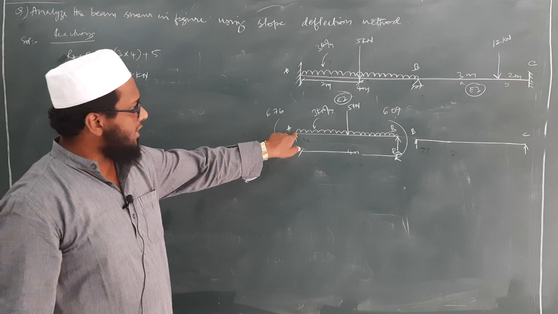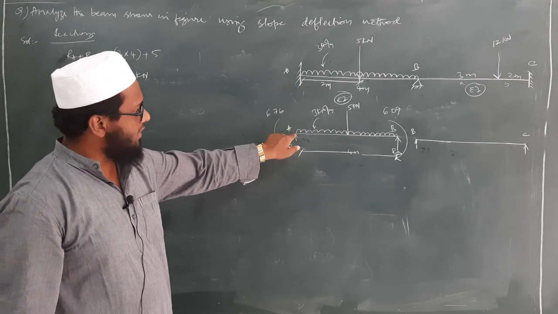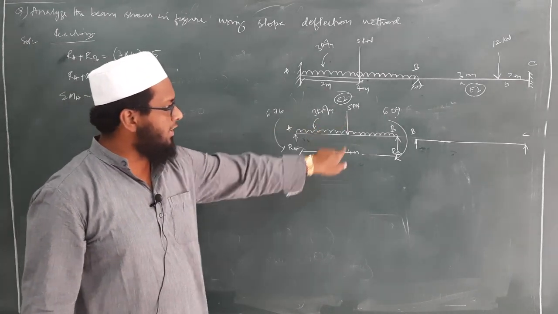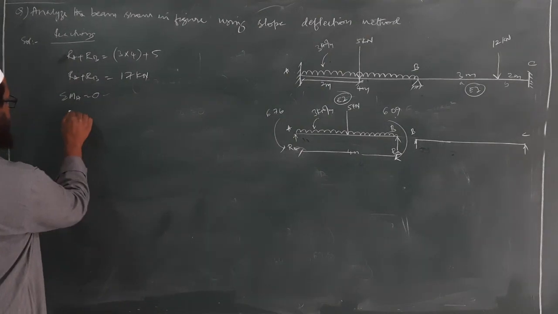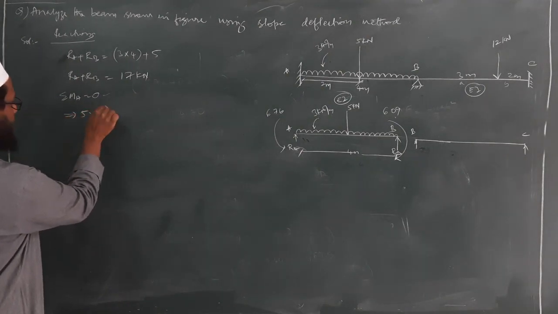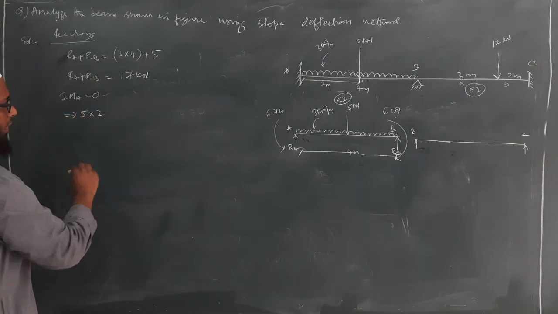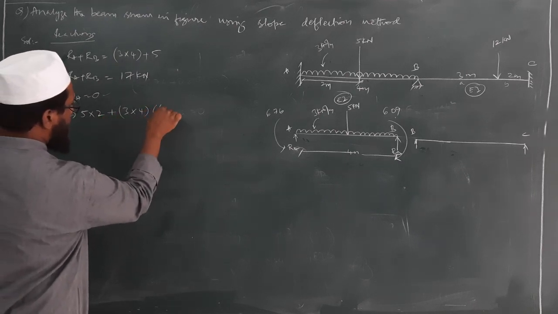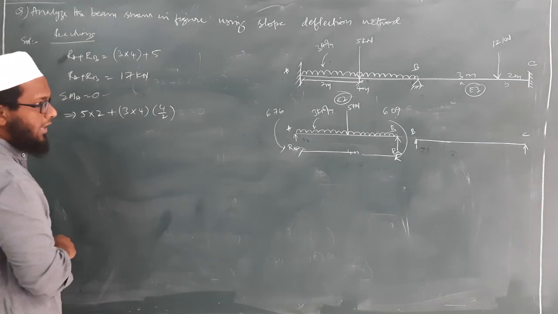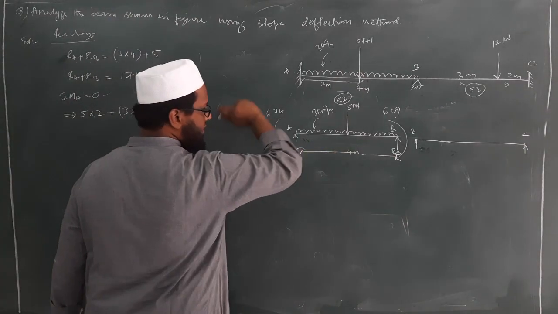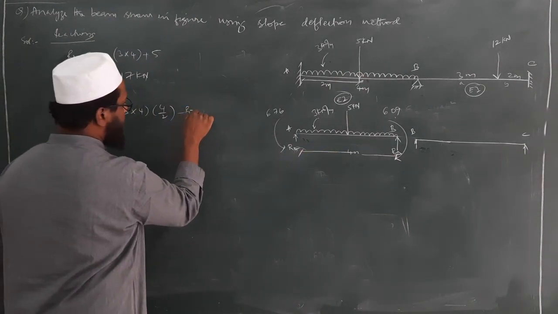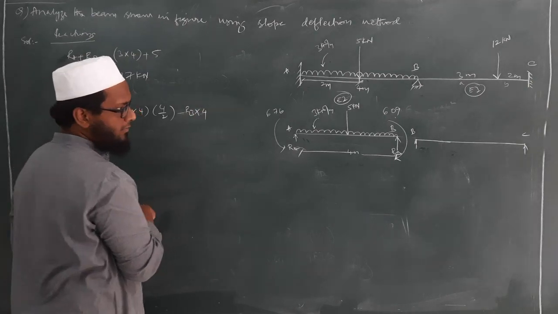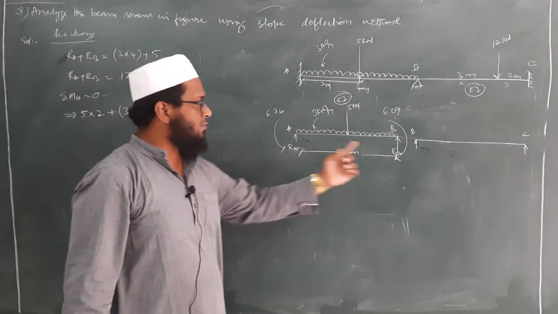Now moment of all forces about point A is equal to 0. Can you tell me 5 into 2, then we have a UDL, so plus 3 into 4, the load, into 4 by 2, right? Then we have anti-clockwise RB into 4, right? Again we have these moments also.